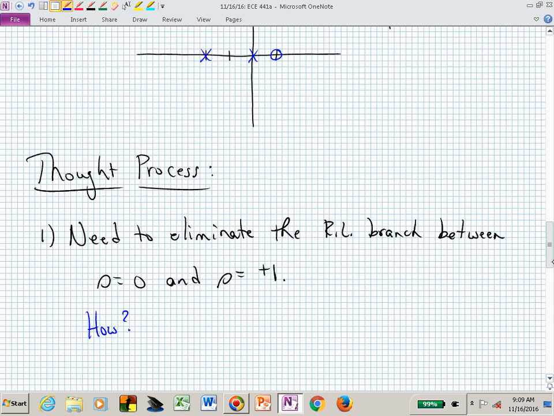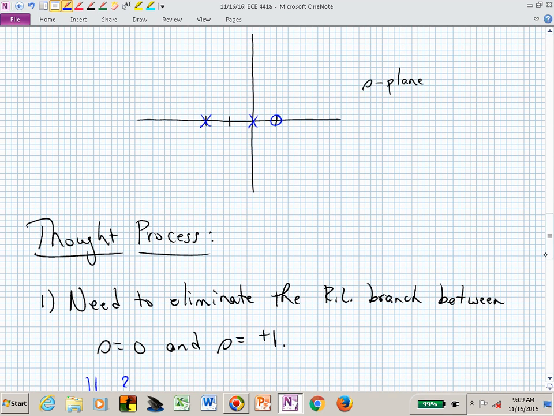And now, how do we do that? Can we put a pole at s equals +1? What did I just tell you at the beginning of class? That's not allowed, is it? If you were a little bit late, maybe you forgot, but I've been saying that many, many times. So that means we can't cancel that unstable zero, can we? Or that zero in the right half plane.